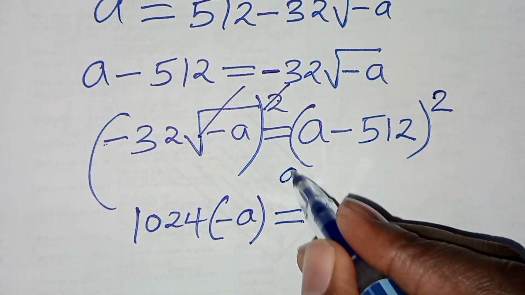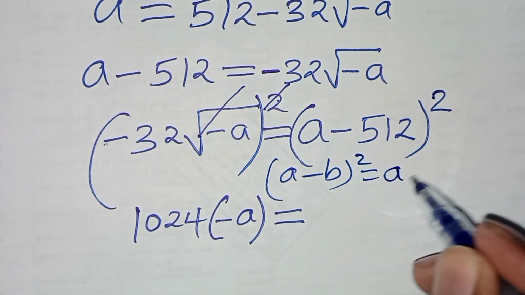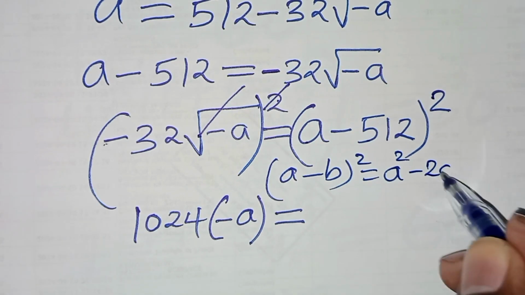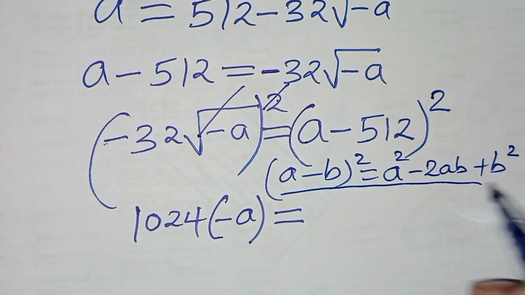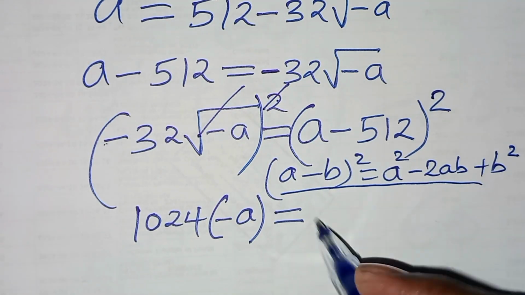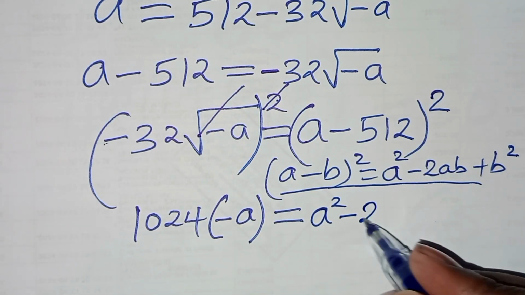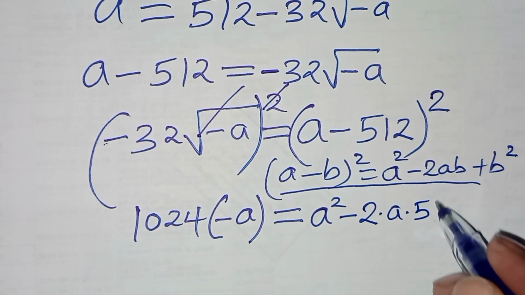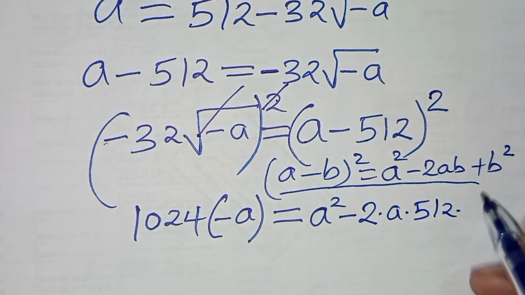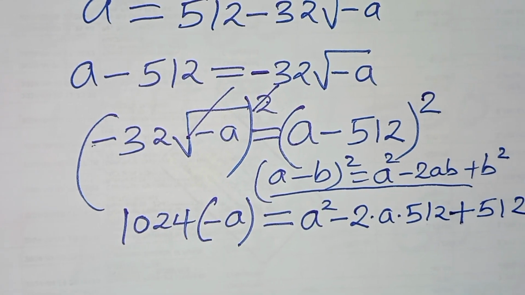This is in the form of a minus b squared, which you can express as a squared minus 2ab plus b squared. Let's apply this algebraic identity. So here we'll have a squared subtract 2 times a times 512, plus 512 squared.